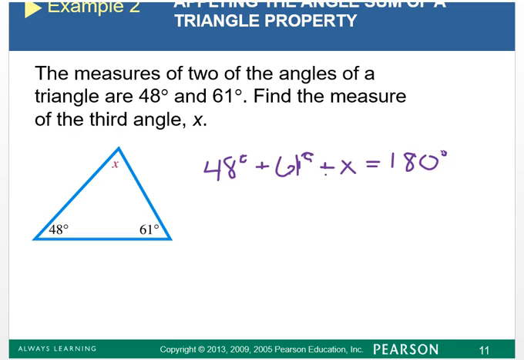When we add up all of this, we get 109 degrees plus x equals 180. Then subtract that 109, and you get 71 degrees. So x is equal to 71 degrees.